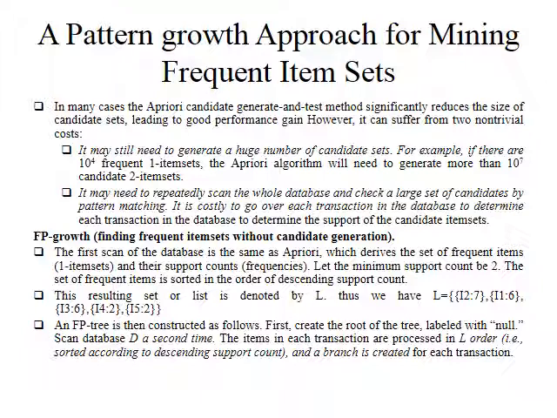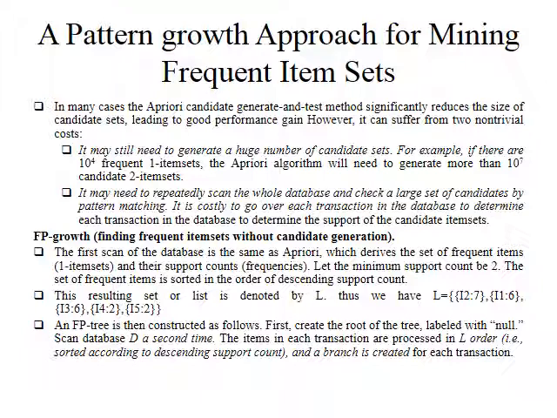Initially, the FP tree follows the Apriori algorithm, which derives the set of frequent one item sets and their support counts. Then let the minimum support count be 2. The set of frequent items is sorted in the order of descending support count.